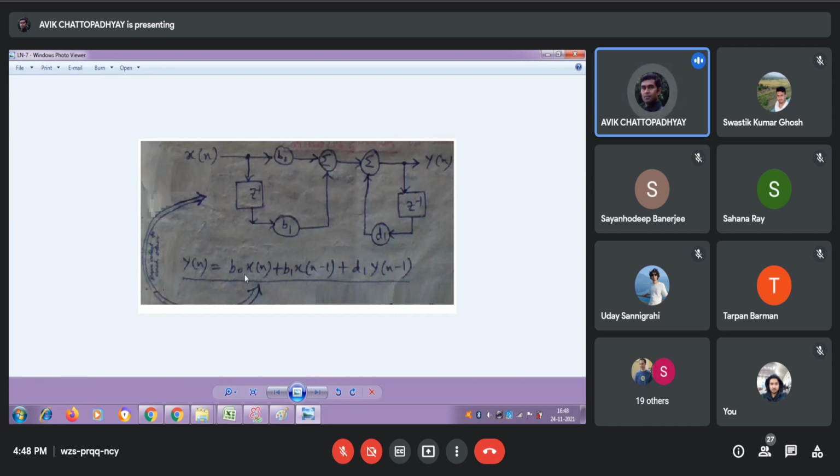But in this mathematical or equation representation, it is not clear. You cannot say which one is the input and which one is the output, because here it is very much clear that this is the input, this is the output. But from this expression you cannot say, because there is no hard and fast rule that y[n] will always be output and x[n] will always be input.